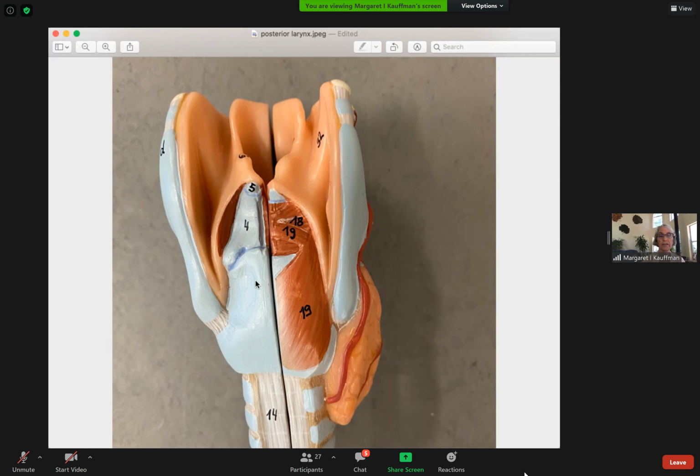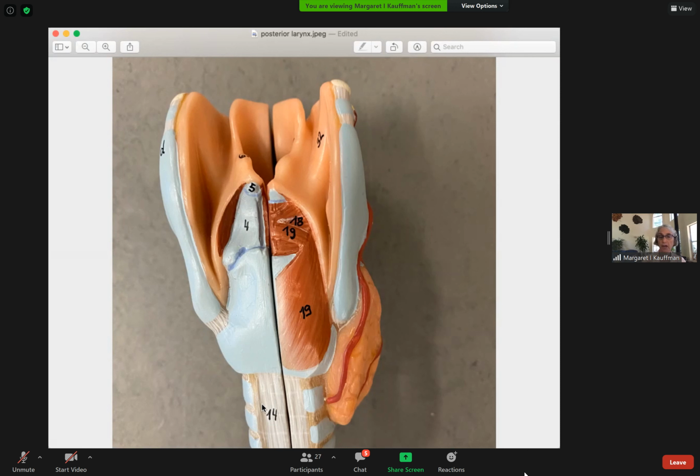So when you're drawing that model, you are going to see cartilage on both sides. We don't show the pictures going down enough to see the cricoid. Instead, you're seeing this arytenoid cartilage here.